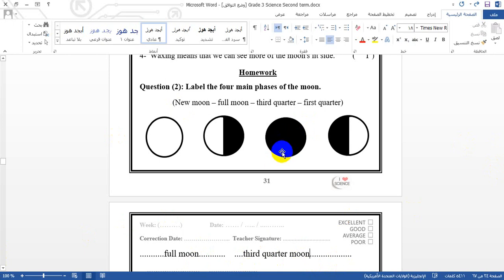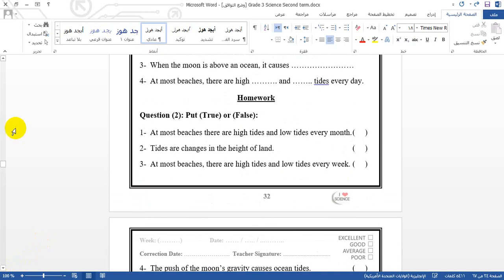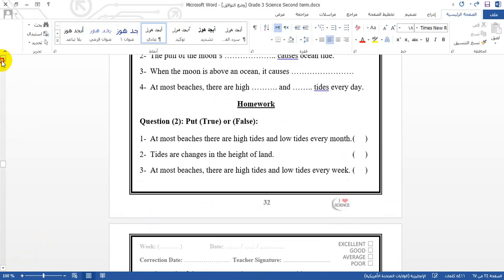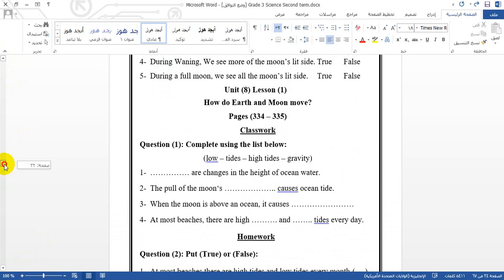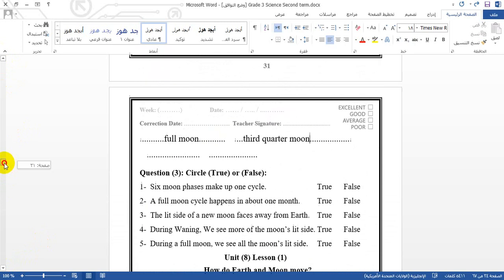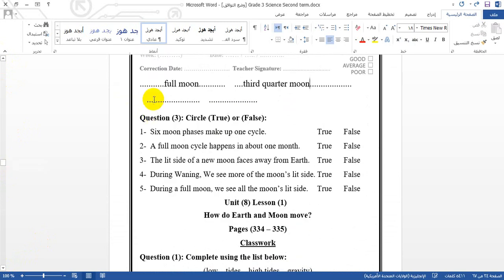The third image is what exactly? The third face is the new moon. This one is the new moon. So we have to write here new moon.